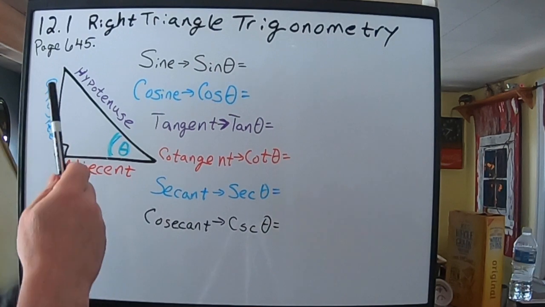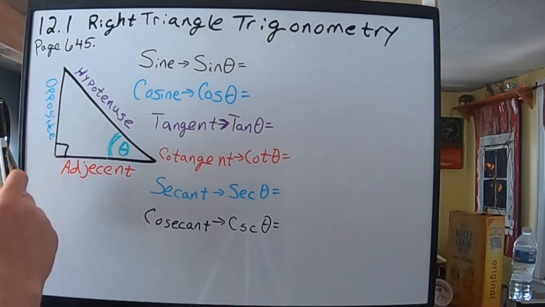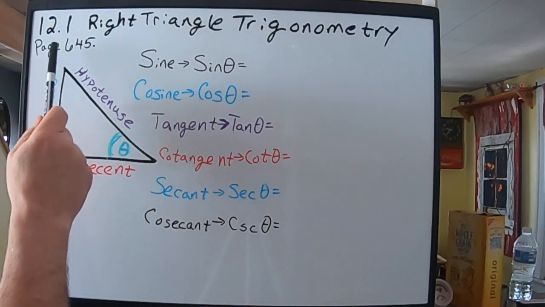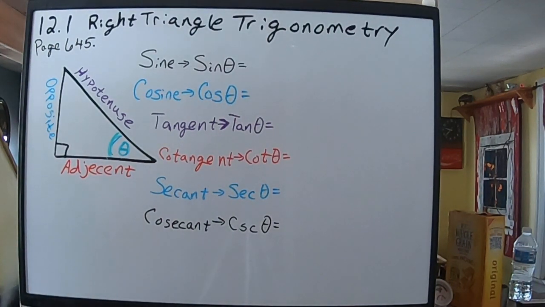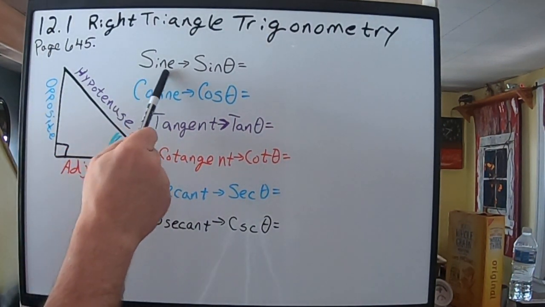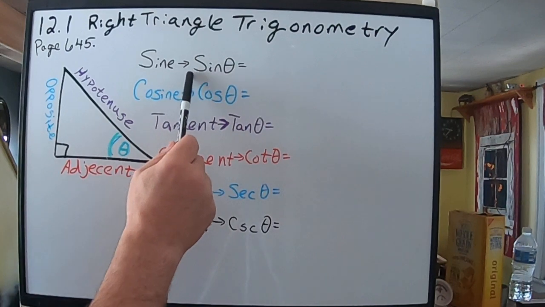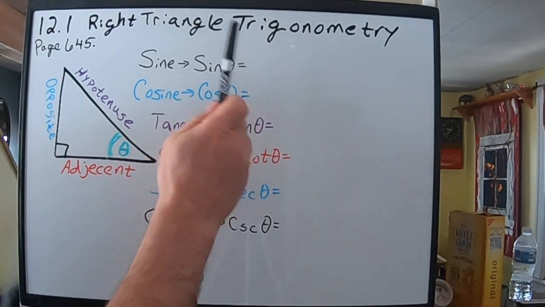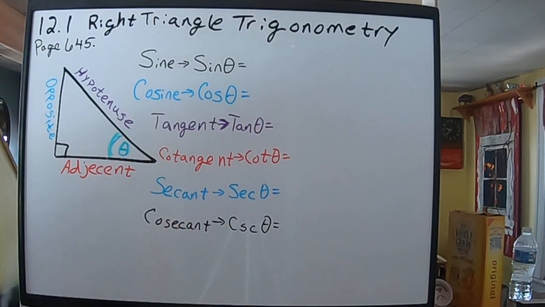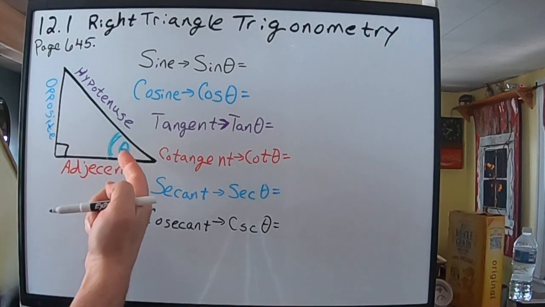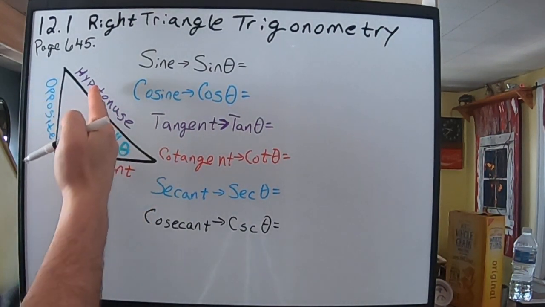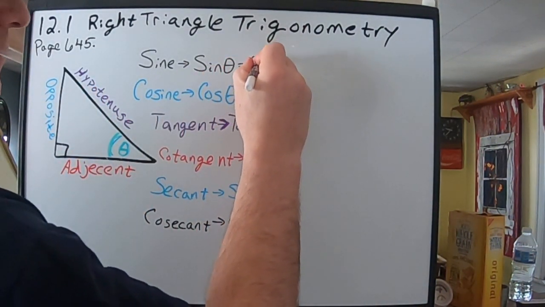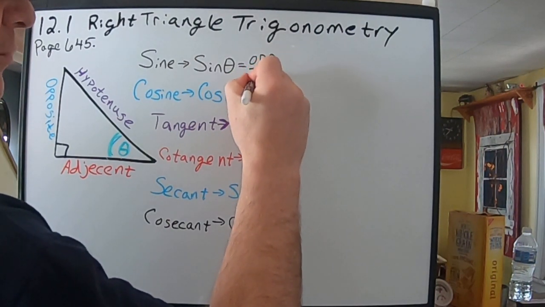So this is all in 12.1 right triangle trig. Page 645 is where it starts. Sine is the full word, but we abbreviate it S-I-N. We don't call it sin, it's sine. Sine of theta is opposite over hypotenuse.